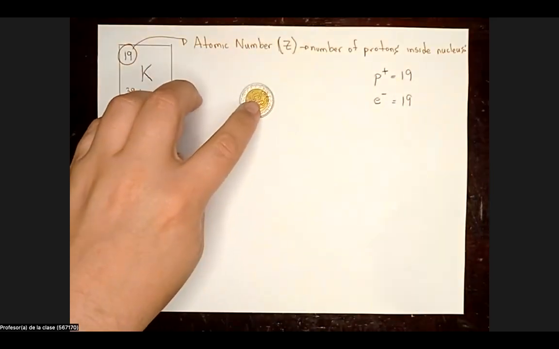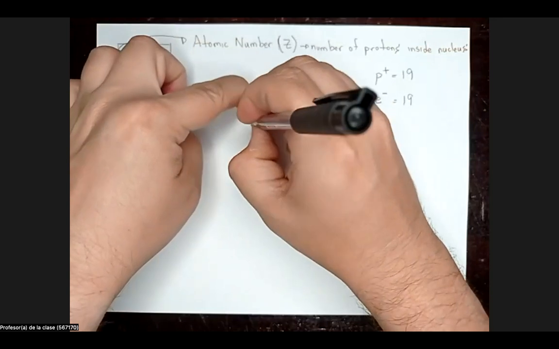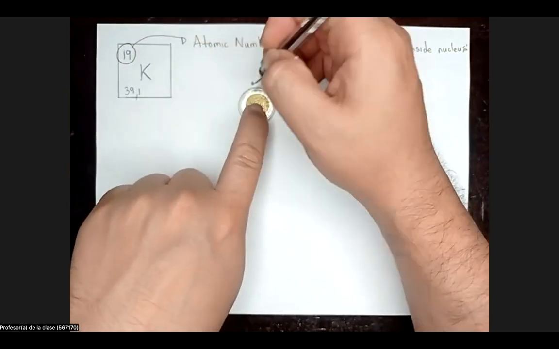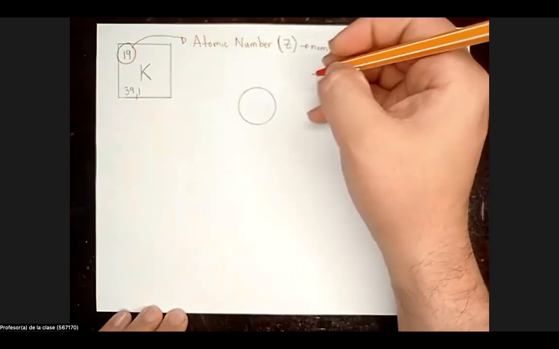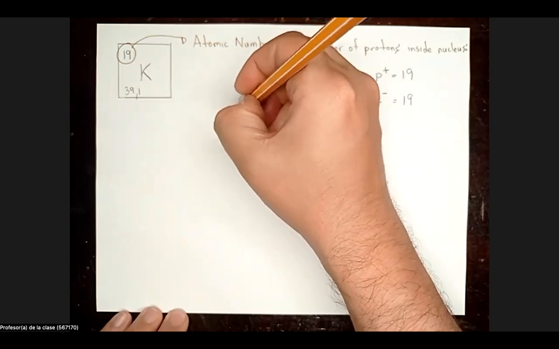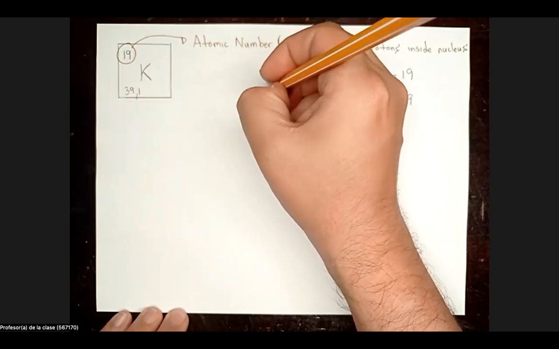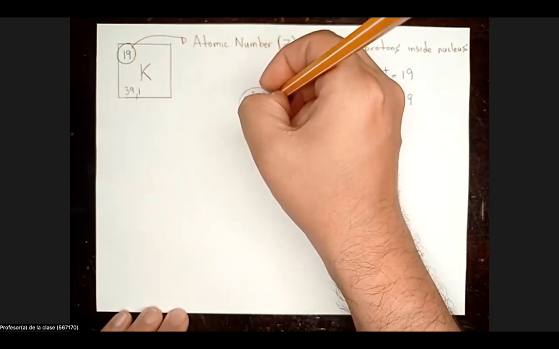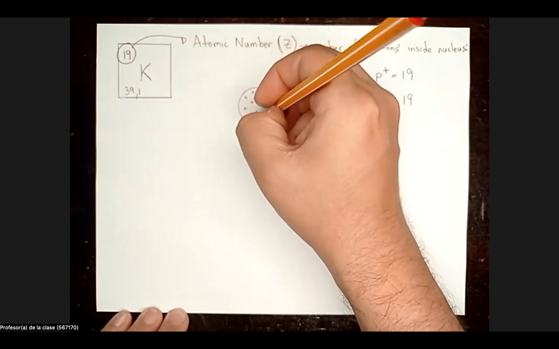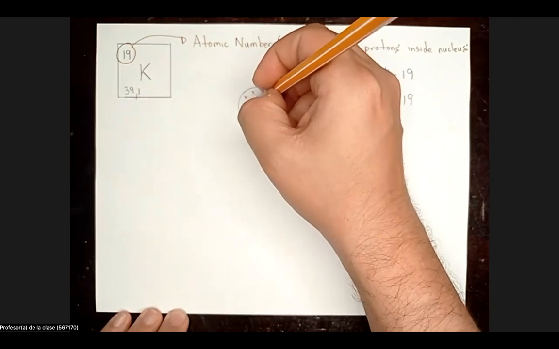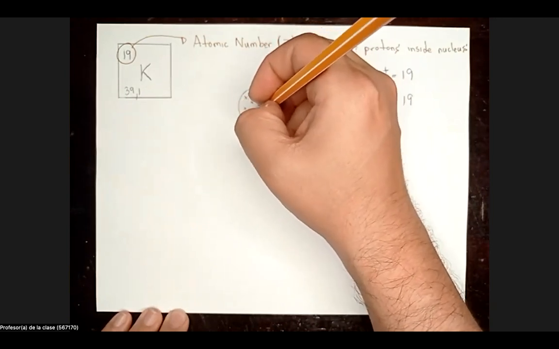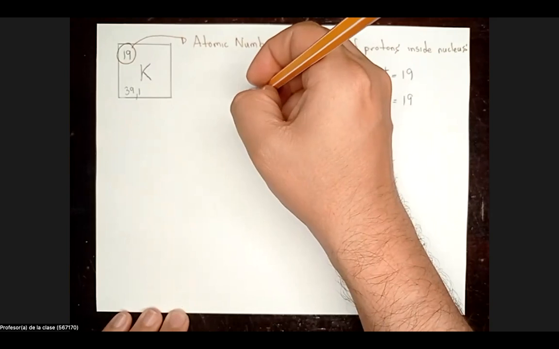I have here a nucleus. Imagine I need to draw inside the nucleus 1, 2, 3, 4, 5, 6, 7, 8, 9, 10, 11, 12, 13, 14, 15, 16, 17, 18, 19.